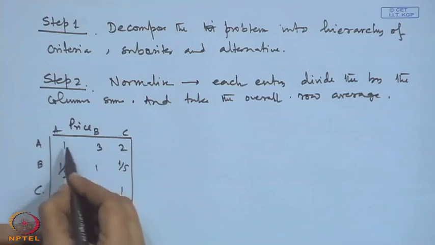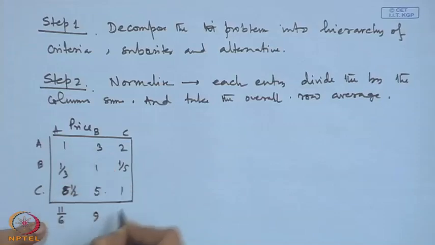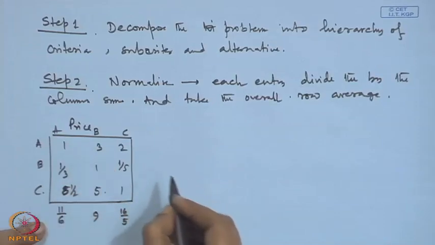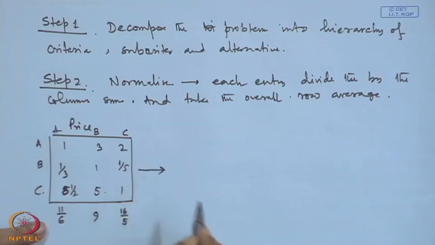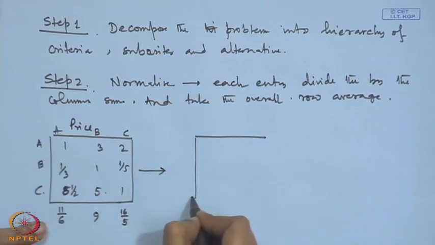What is it? We are considering the column sum. Column sum is coming 11 by 6 here, and this is 9 and this is 16 by 5. All right. After this, we are considering the matrix in this fashion.